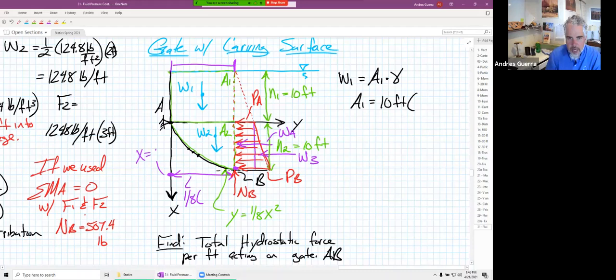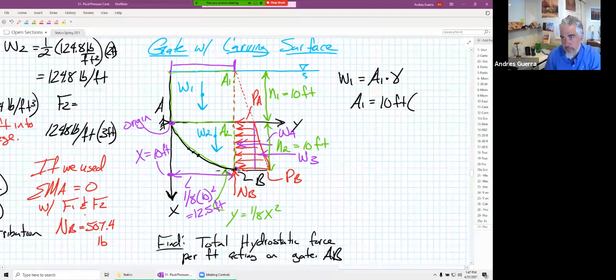That's X equal to 10 feet, based on the origin of our coordinate system being at point A. So 1/8 times 10 squared is 12.5 feet. So A1 is 10 times 12.5 feet. And then we can solve for W1.